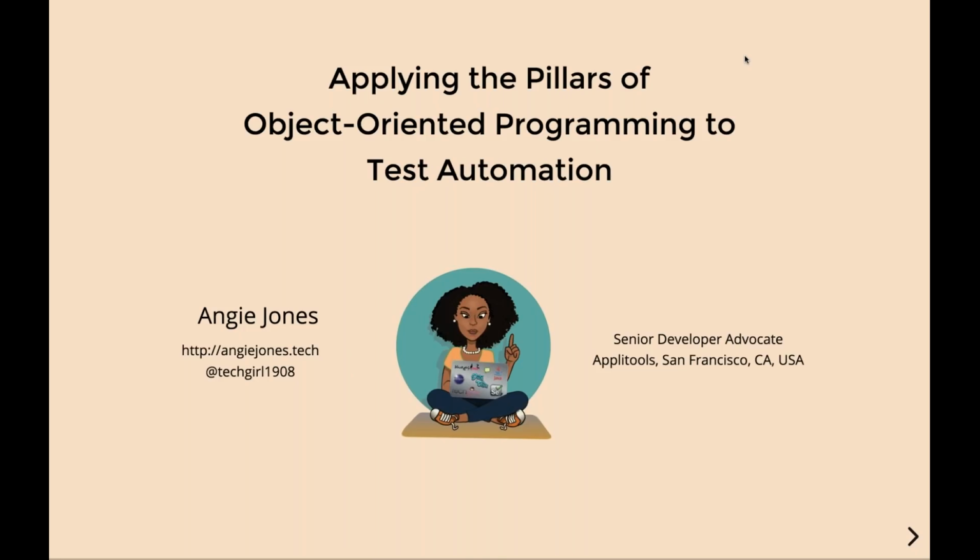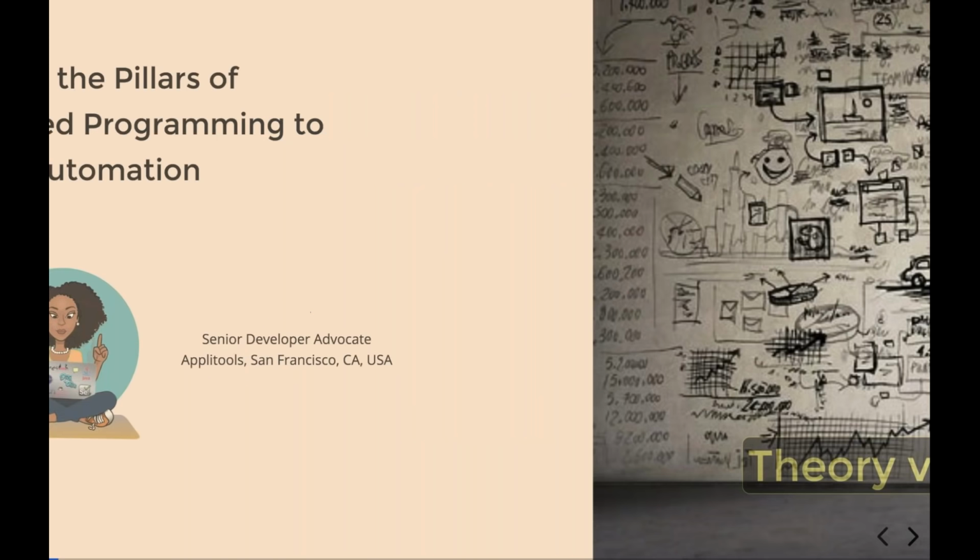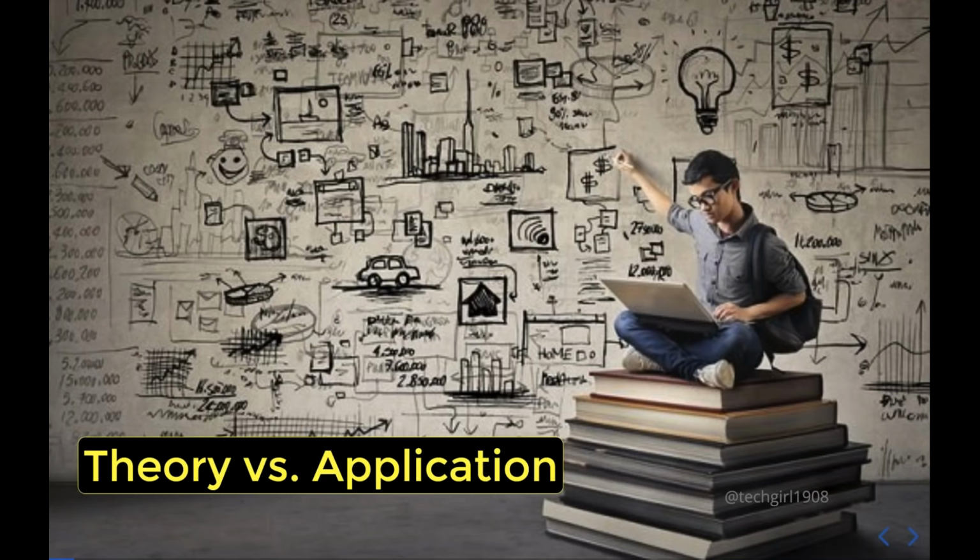Today we're going to be talking about applying the pillars of object-oriented programming to test automation. I used to teach programming classes at the collegiate level, so I know how students learn these concepts. They seem to understand object-oriented programming in theory, and they can even apply it a little bit to the basic assignments within the classroom.